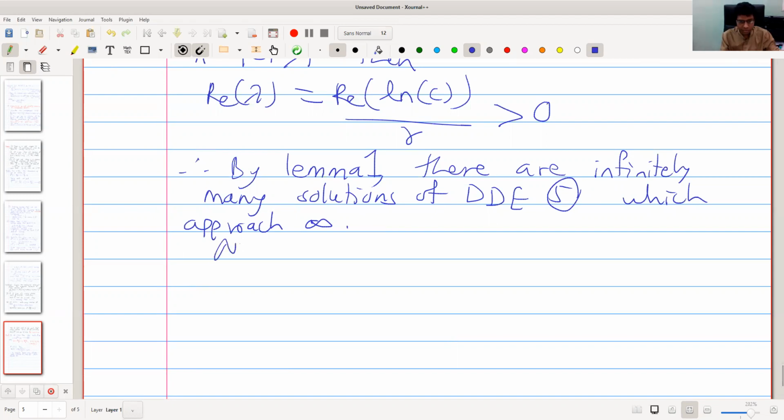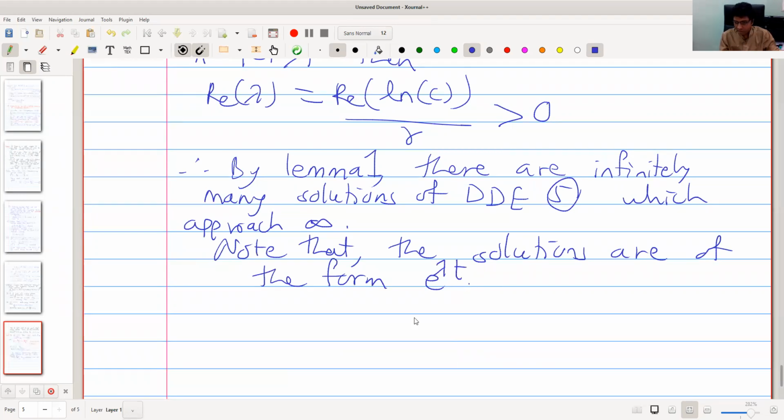Note that these solutions are of the form e raised to lambda t.